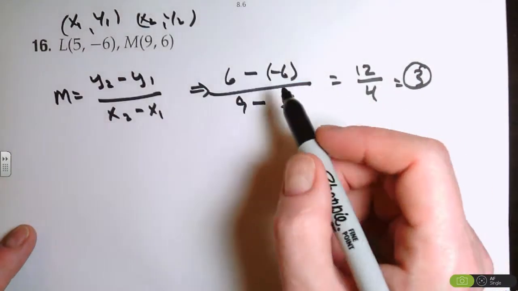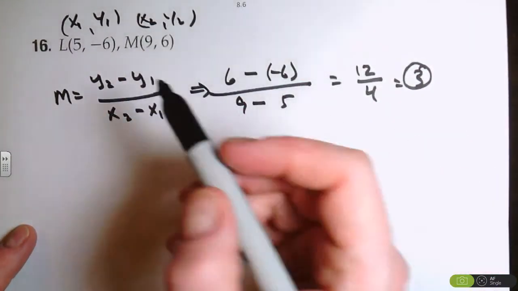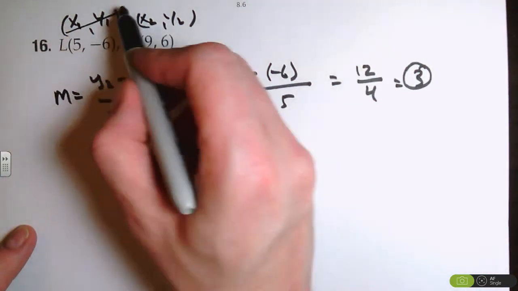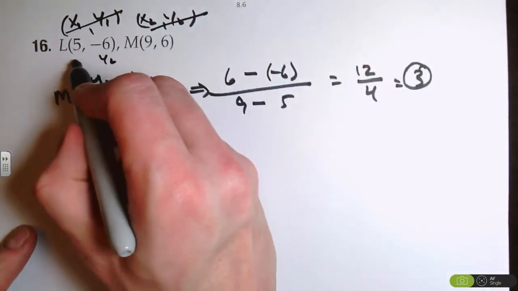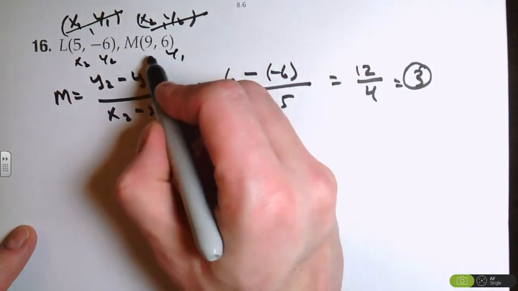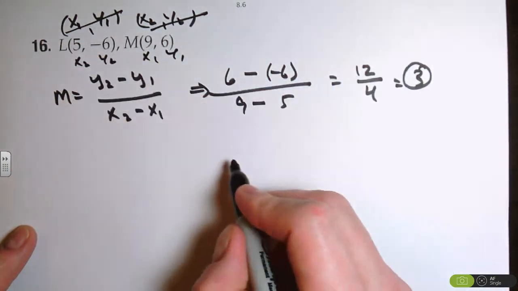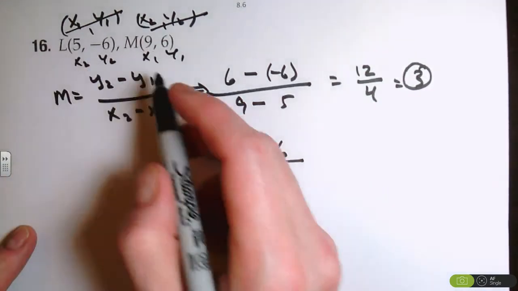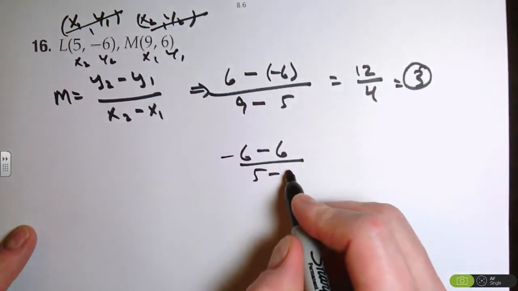Now, sometimes people ask, what if I choose the wrong order? Well, it actually doesn't matter. If I make this y2, this means this is x2. So let me mark those out. This is y2, this is x2. This is y1, this is x1 then. I would have negative 6 minus 6 over 5 minus 9.